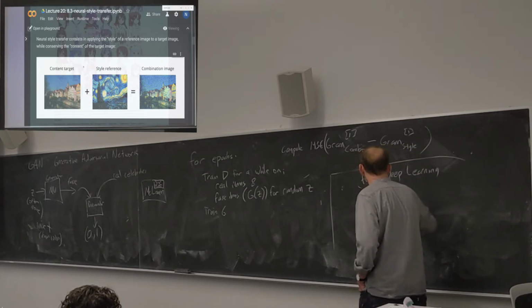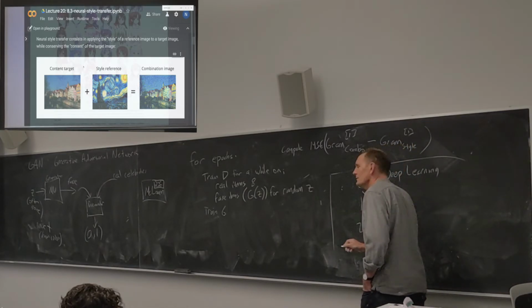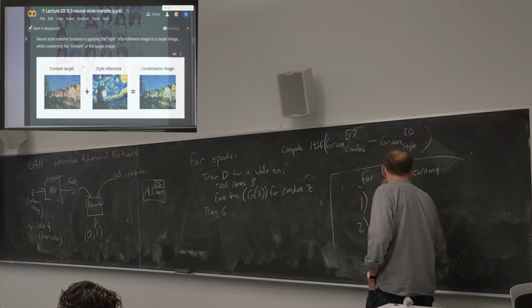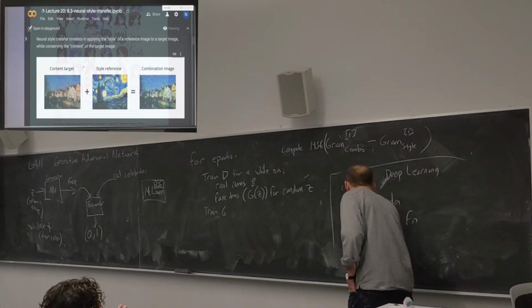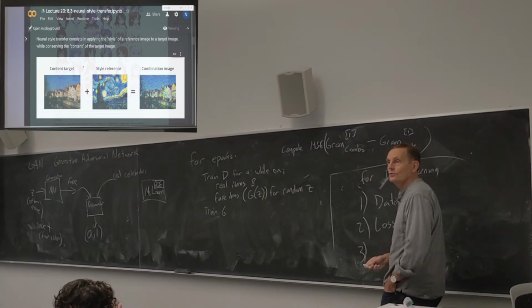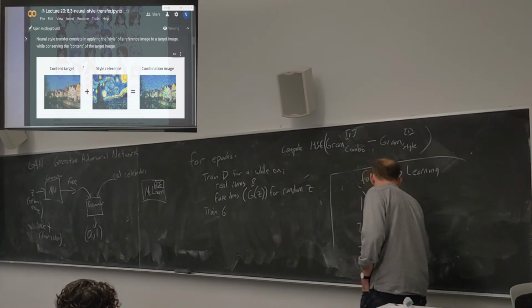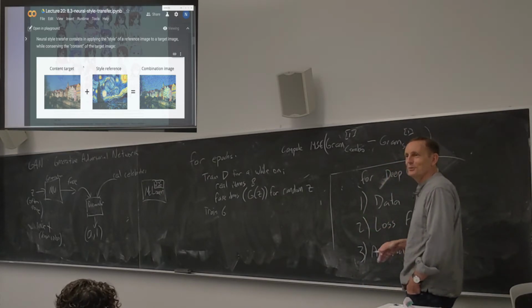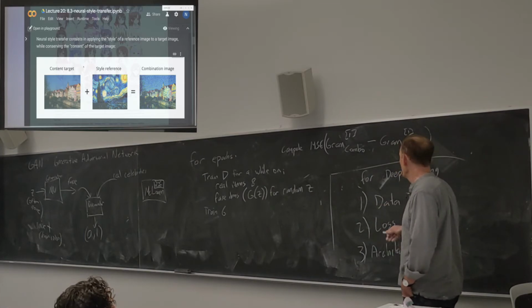Data. What's another thing you need? A loss function. A third thing you need is an architecture. And maybe hyperparameters too, but these are the 3 things you need.